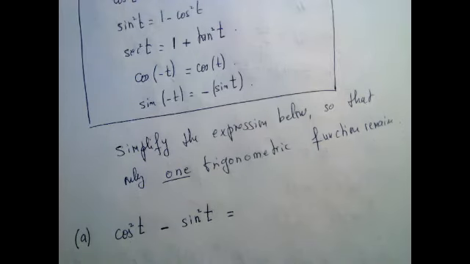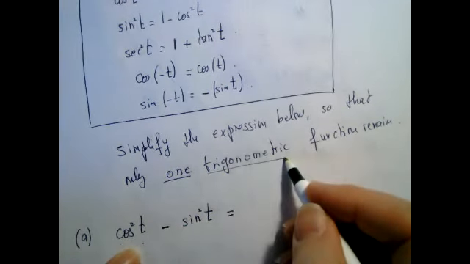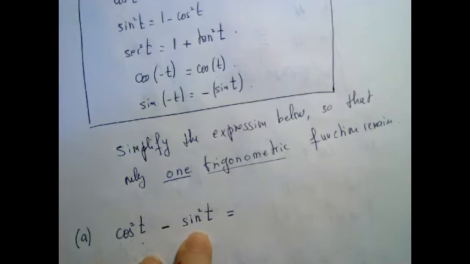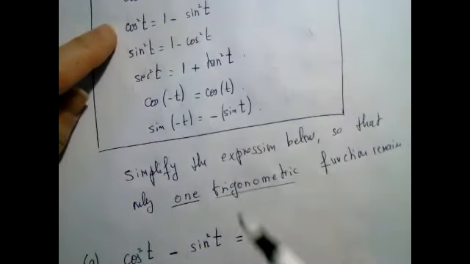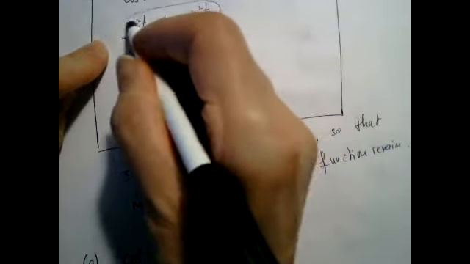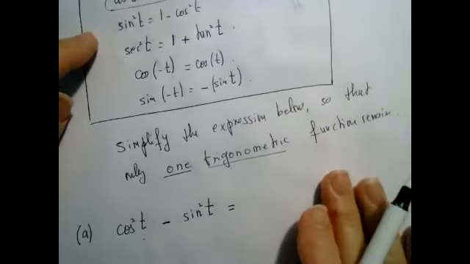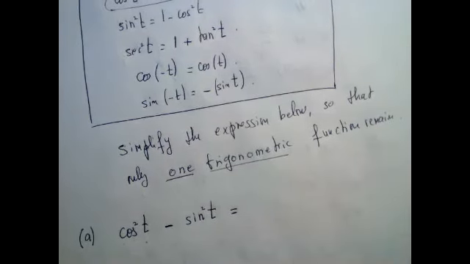Okay, I'll guide you for this one. I only want one trig function, but I have two. Somehow I need to get rid of one, but I cannot get rid of anything. So one way: the cosine square, I can express it easily in terms of the sine. So we're going to do a substitution.